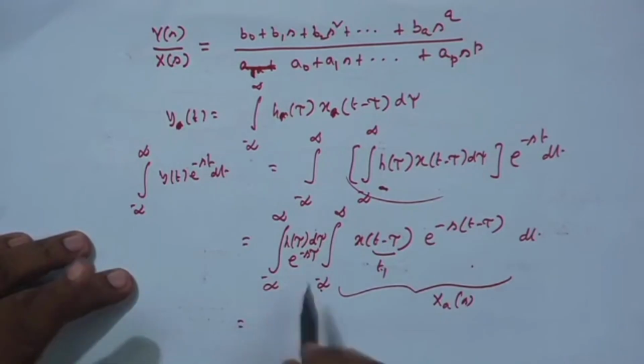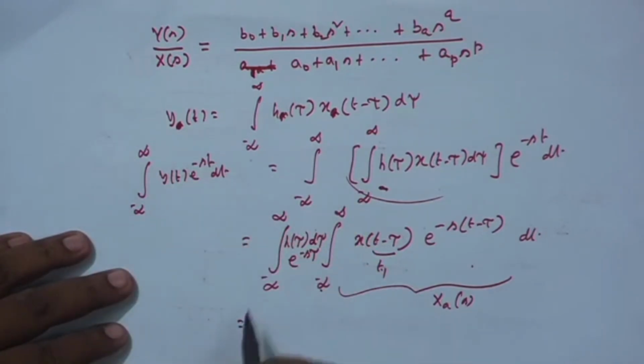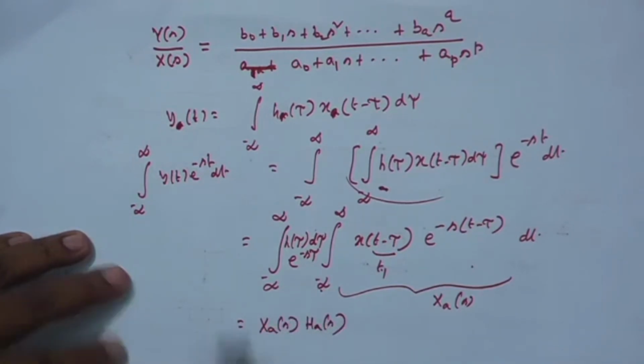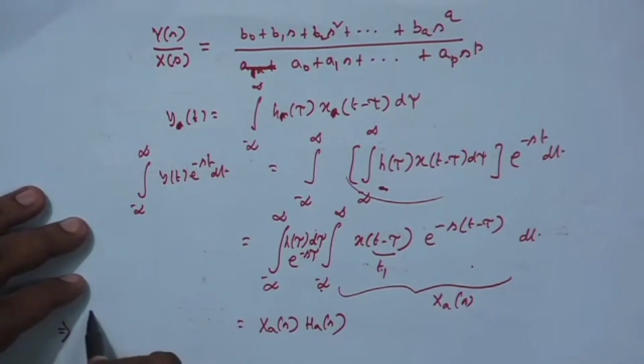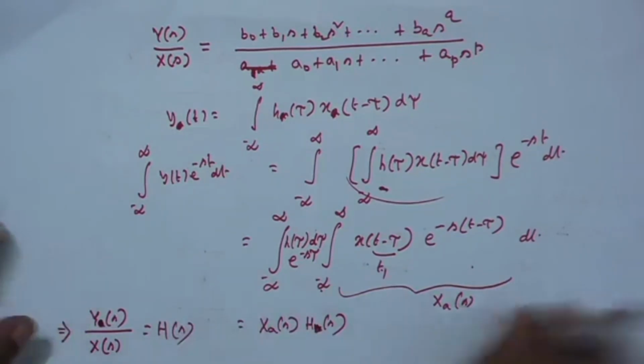So, convolution in the time domain means in the Laplace transform domain they are multiplied: X(s) H(s). Which means under the linear and time invariant condition, Y(s), the output Laplace transform, by the input Laplace transform is H(s).